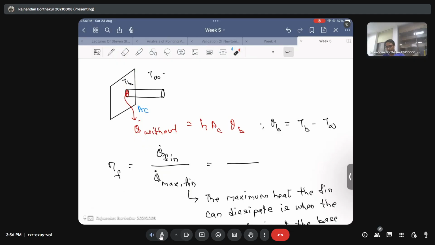Now the entire fin is at the base temperature T_b, which means there will be no conduction taking place in the fin. The only mechanism by which the fin can dissipate heat to its ambient is convection.